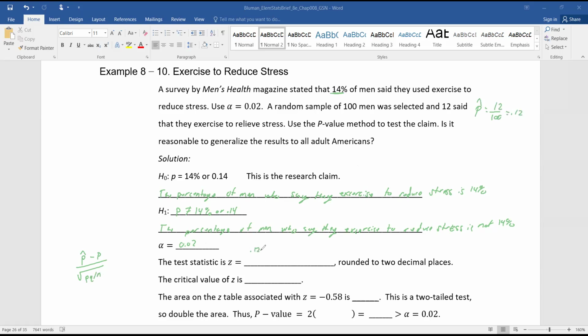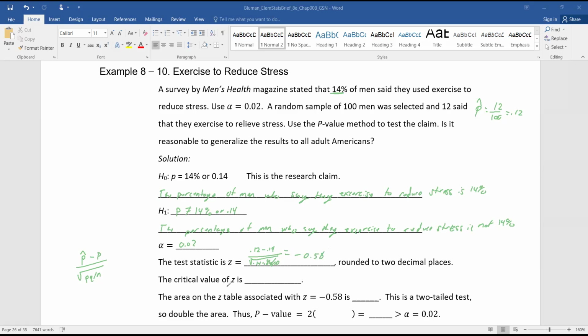So 0.12 minus the 0.14, divided by the square root of 0.14 times 0.86 divided by 100. And you plug that into the calculator, that comes out to negative 0.58. Again, that's rounded to 2 decimal places.